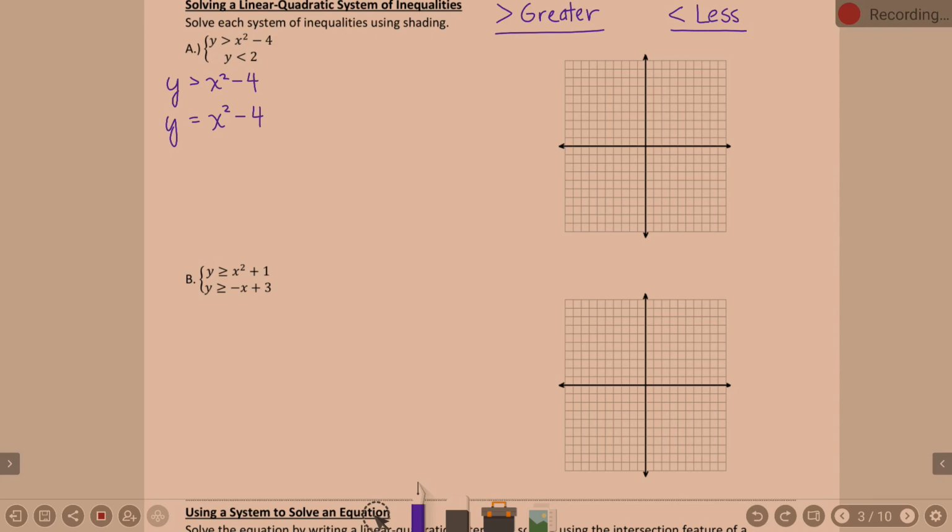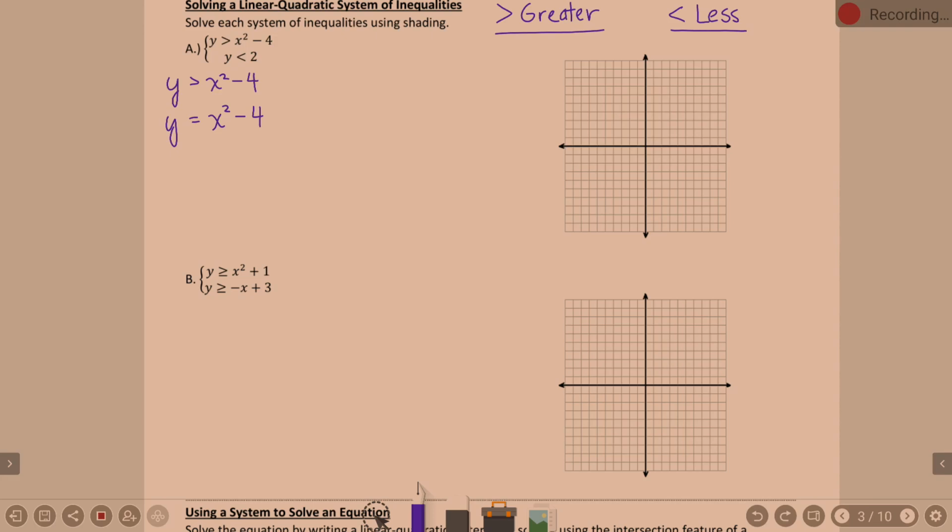This is x squared, which indicates it's a parabola. What's the minus 4 do? Makes it go down. Makes it go down 4? Because it's just an x squared and a number added or subtracted.